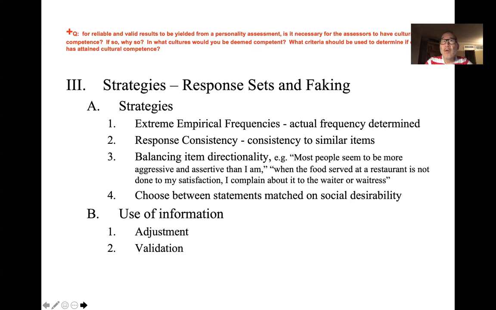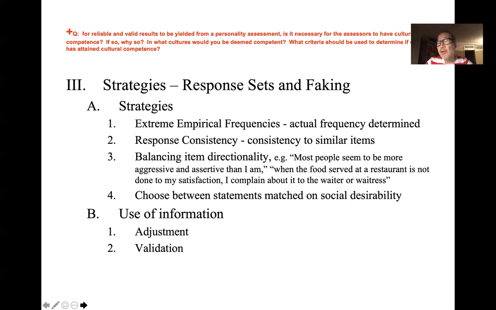In terms of assessing response sets and faking, it's usually almost maybe exclusively the comprehensive personality tests which do this. Not so much the brief state measures. It's rather the comprehensive larger measures.